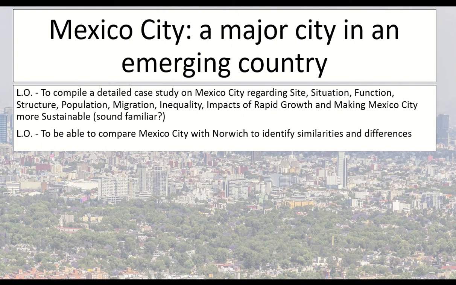Because of its slow sustainable growth, it's easier to keep up with the increase in population. Whereas in Mexico City, they're experiencing their industrial revolution now, and people from rural areas are moving into urban areas in vast numbers, and that is creating problems which you're going to cover. So hopefully by the end of the 3 hours, you'll be able to compare both Mexico City and Norwich with regard to similarities and differences.